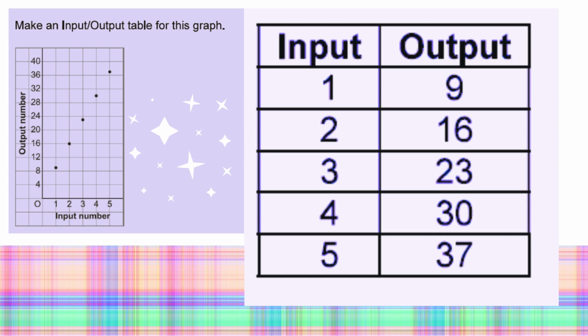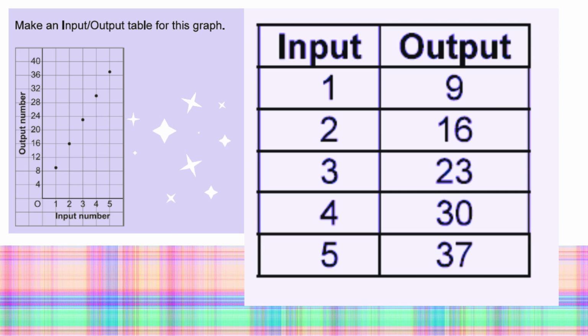From the information on the graph, I know that my input-output table will have 2 columns. The first one, titled Input, will start with the number 1 and increase by 1 each time up to the number 4. The second column, labeled Output, will start at the number 9 and increase by 7 each time.